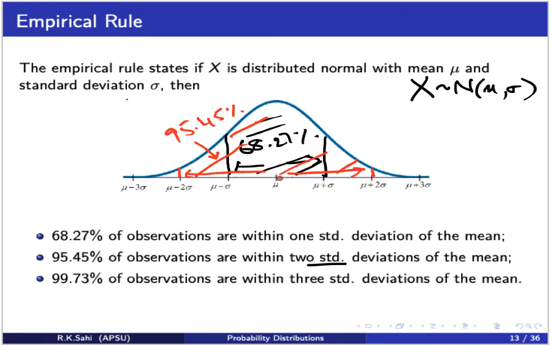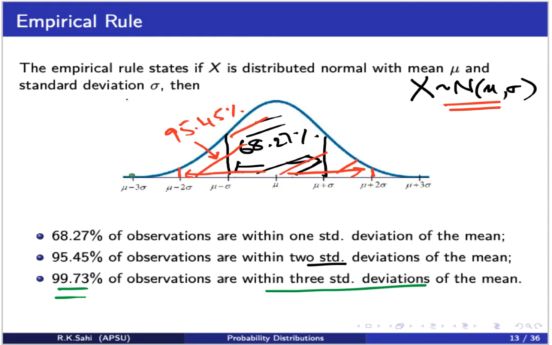And you have to be very careful that only when you have a normal distribution can we talk of the empirical rule. The last one is that if you are within three standard deviations of the mean, then 99.73% of the observations lie within it.